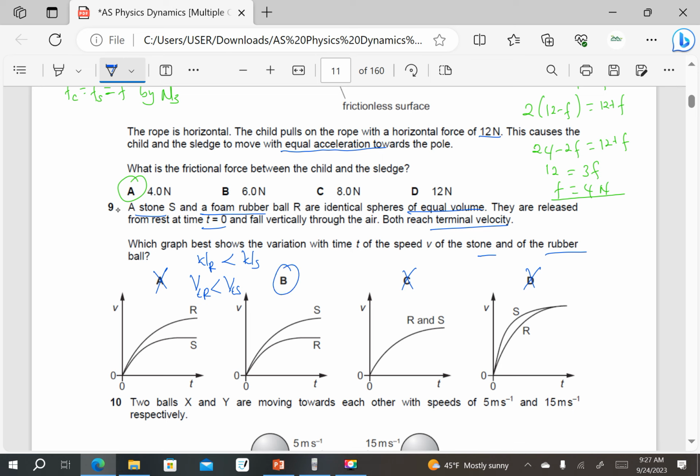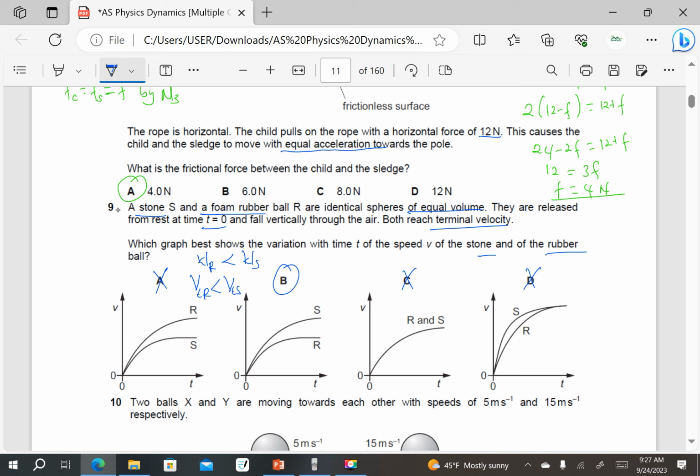The terminal velocity for rubber is going to be less than the terminal velocity for the stone, because if the volume is the same, then terminal velocity will be determined by the weight. A lighter object has a smaller terminal velocity than a heavier object if they have the same volume.